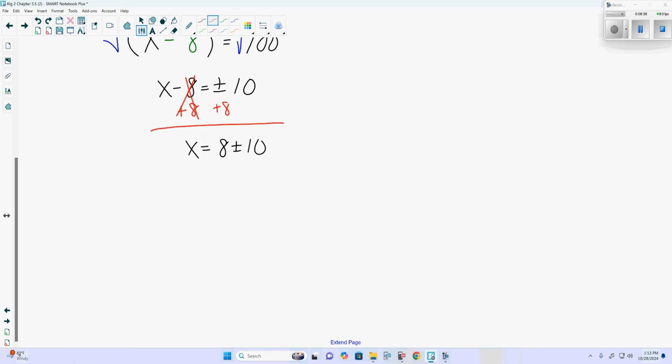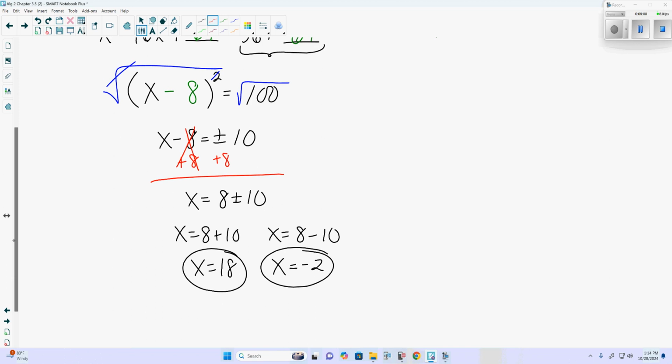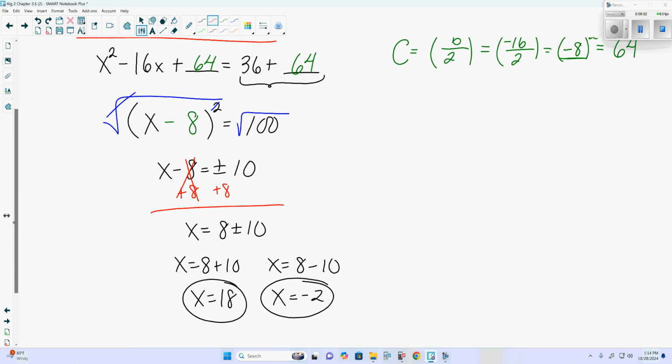If the two numbers are like terms, we need to add and subtract, because what it's telling us is that we have two separate statements. We do have that x is equal to 8 plus 10. Well, 8 plus 10 is 18. And 8 minus 10 is negative 2. So our two solutions here are 18 and negative 2.